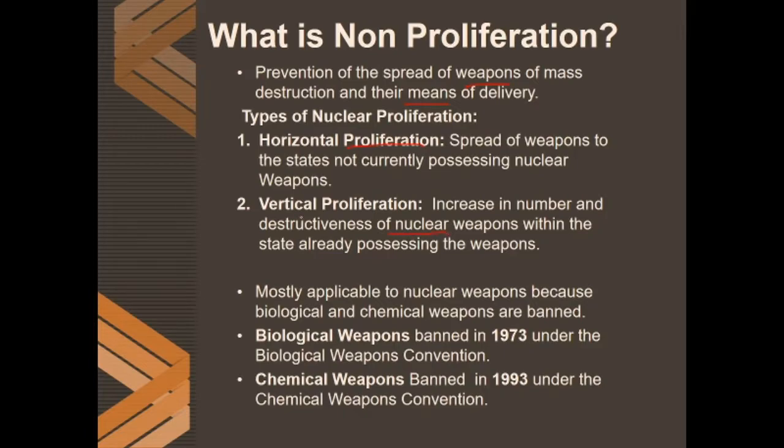It is mostly applicable to nuclear weapons because biological and chemical weapons are banned in any kind of war. Biological weapons were banned in 1973 under the Biological Weapons Convention of the United Nations. Chemical weapons were banned in 1993 under the Chemical Weapons Convention of the United Nations.